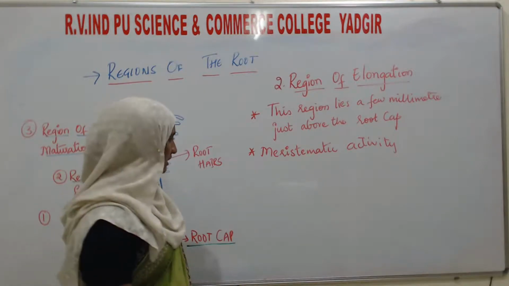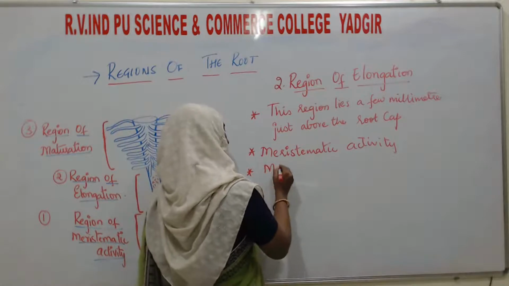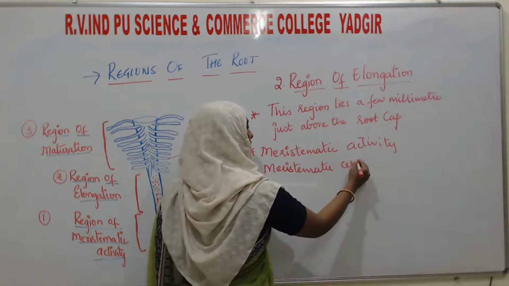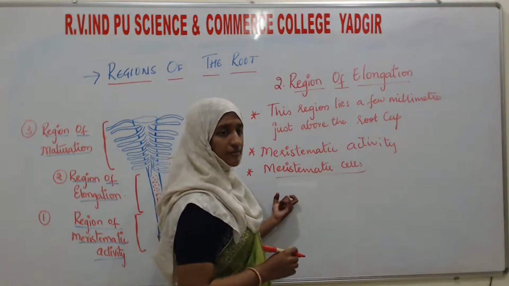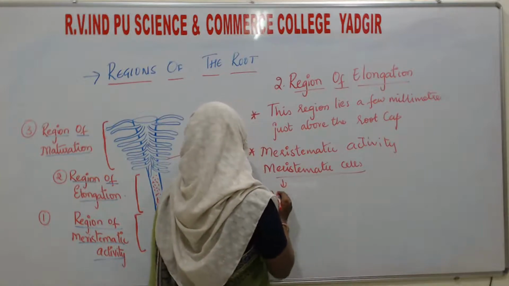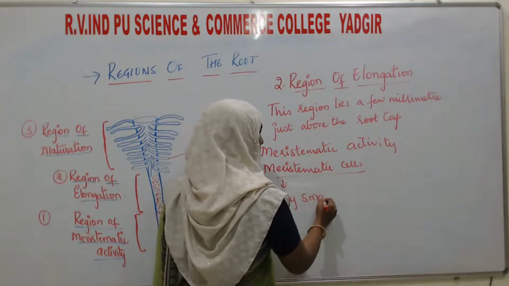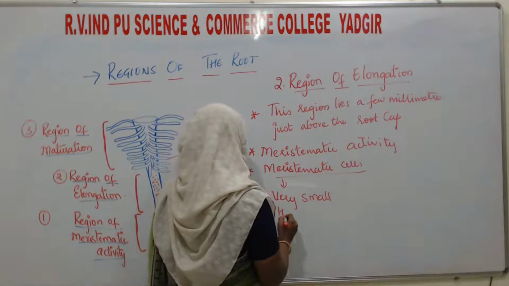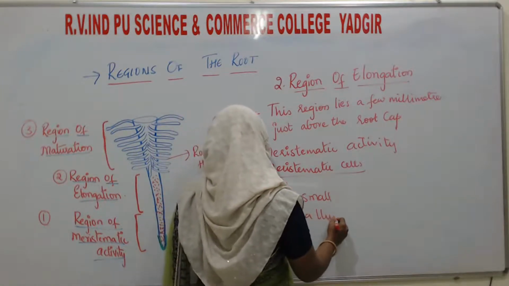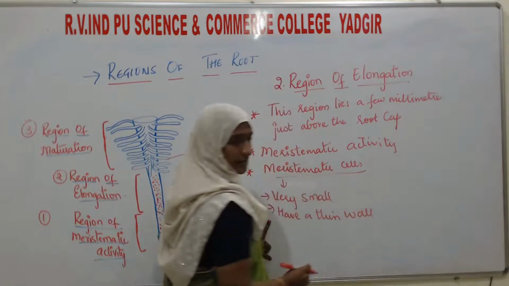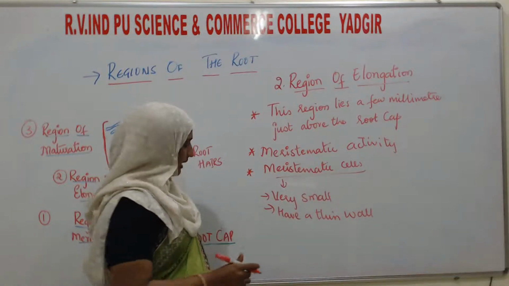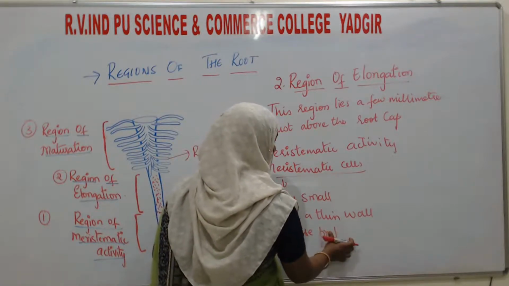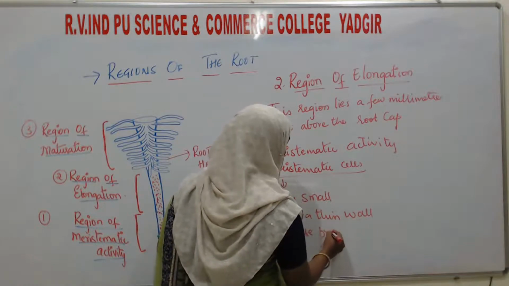The meristematic cells in this region of elongation will be very small, have a very thin cell wall, and have a dense protoplasm, meaning the plasma membrane and cytoplasm will be in a denser form.